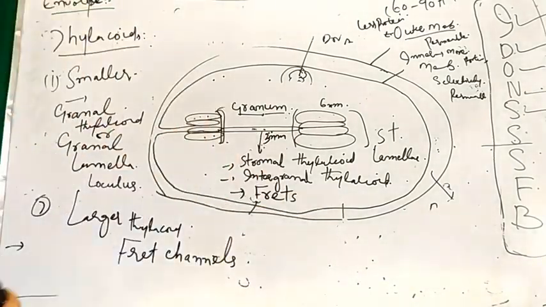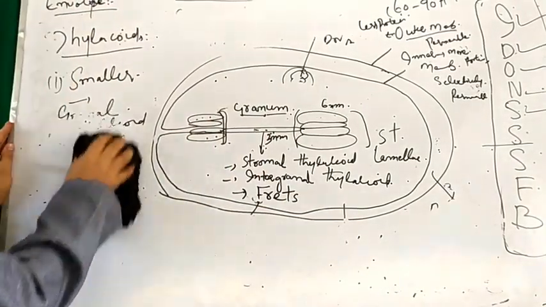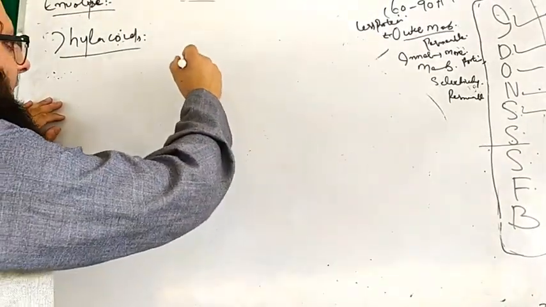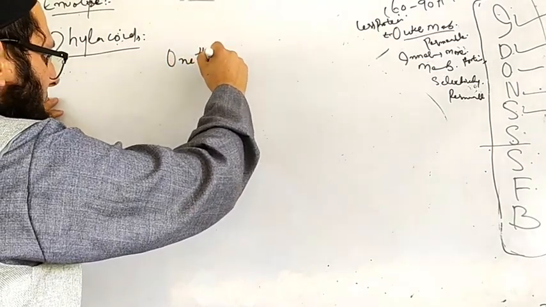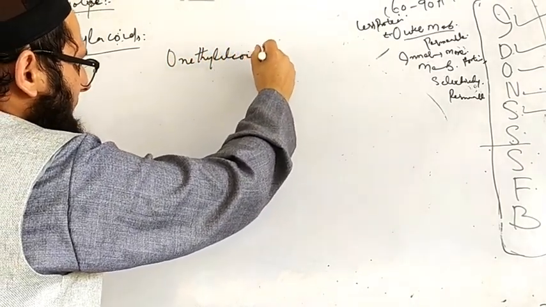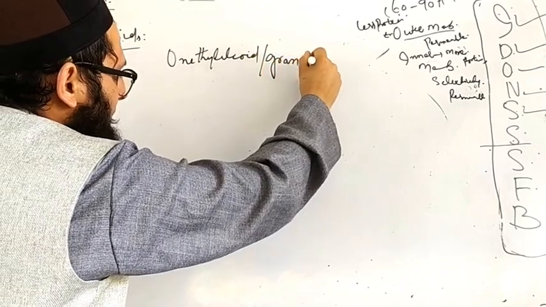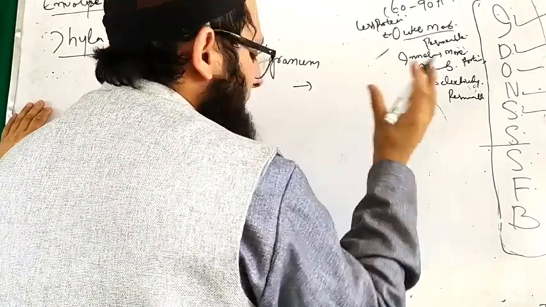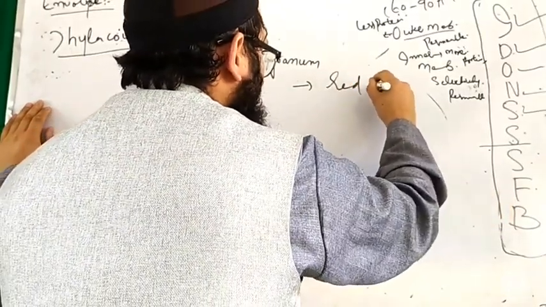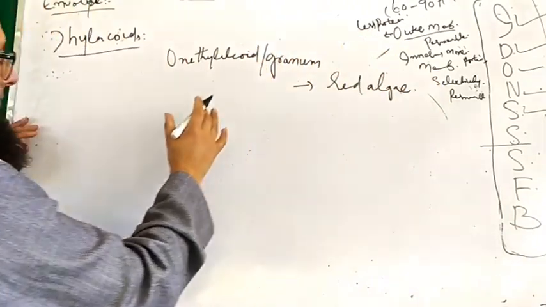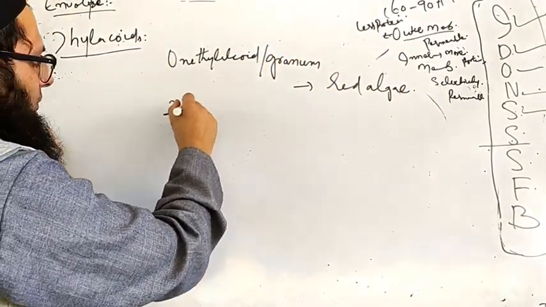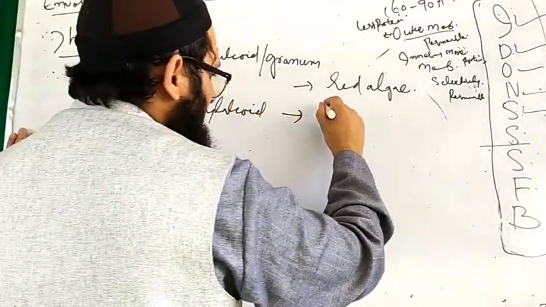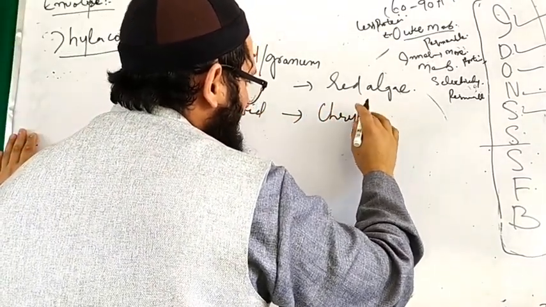Okay, let us talk more about these thylakoids. Let me rub it off. These thylakoids can be 1 in number, 1 thylakoid per granum. Then we call it monothylakoidal, and it is present in red algae. We have 2 thylakoids per granum in case of Cryptophyta.